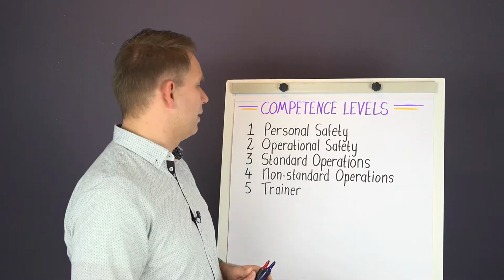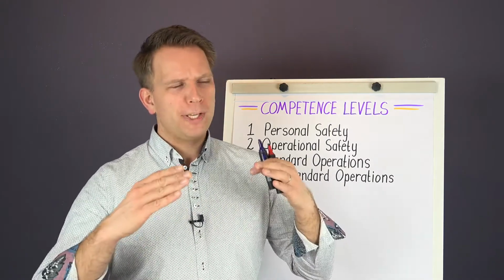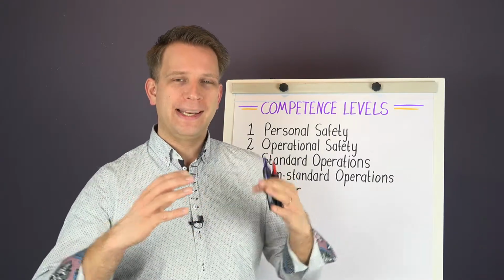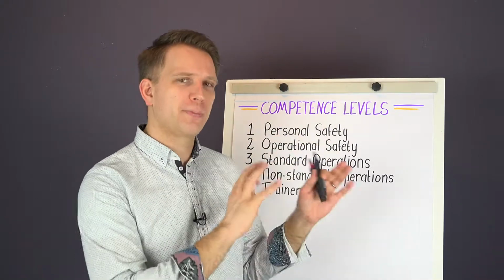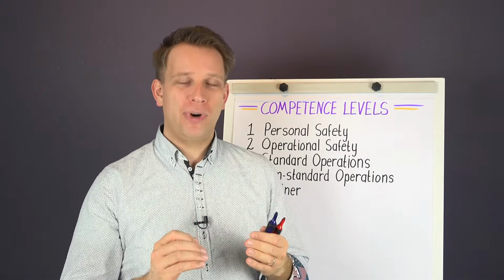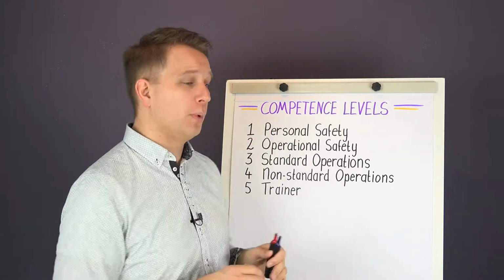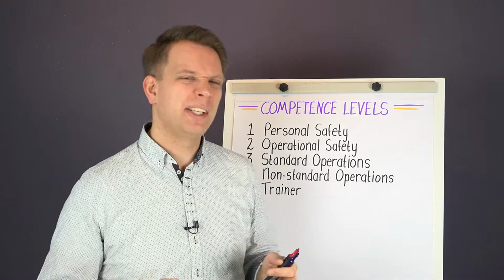Now, the second level is operational safety. This is already more on the line or the specific area, where you can safely operate the line. So basically on level 1, we'll usually say don't even really touch the line.